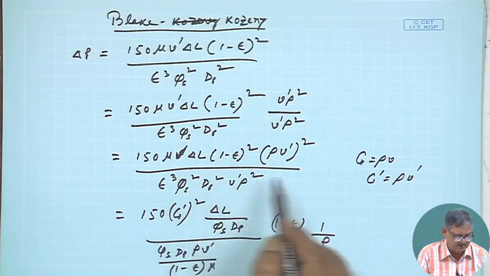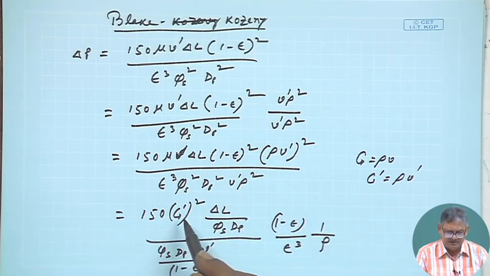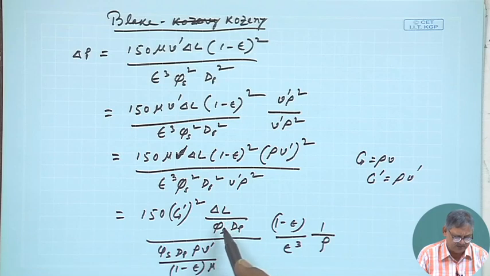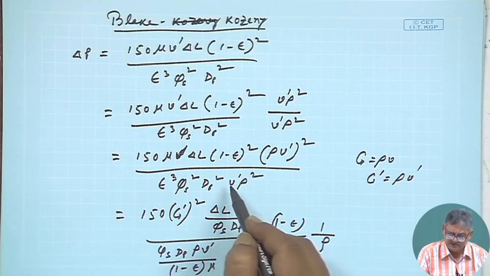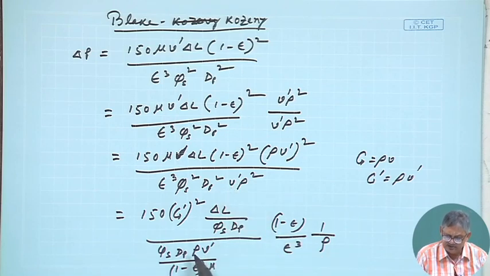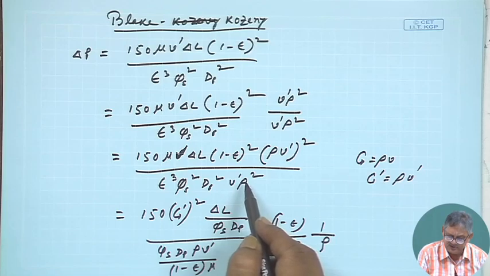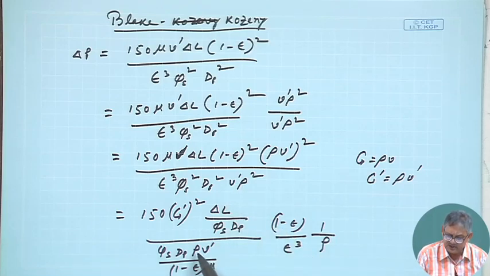So this we can rearrange and rewrite as 150 G prime square delta L by phi s dp into 1 minus epsilon by epsilon cube into 1 by rho, into phi s dp rho V prime over 1 minus epsilon into mu. This V prime was there, and this rho was rho square, so one rho is taken here and one rho remains here.